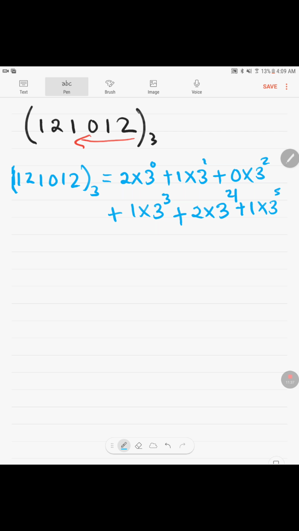So we have 6 digits. The highest power is always n, which is the number of digits minus 1, so 5. So this is equal to 2 plus 3 plus 0 plus 27 plus 2 times 81, which is 162.